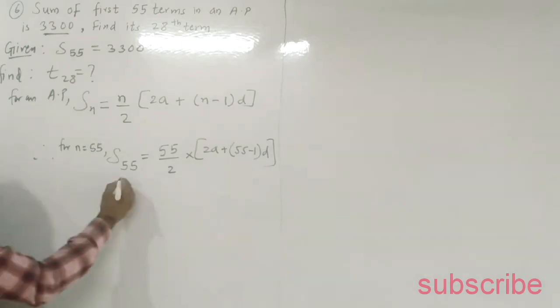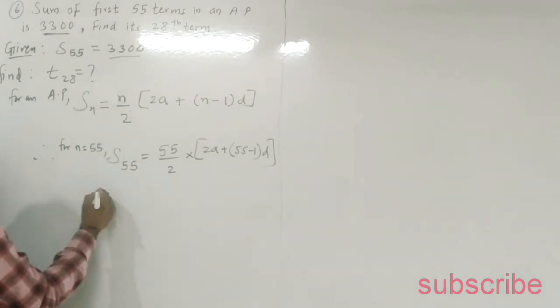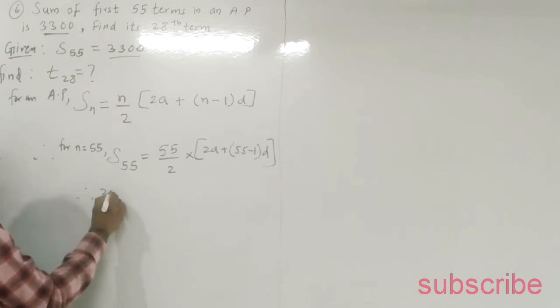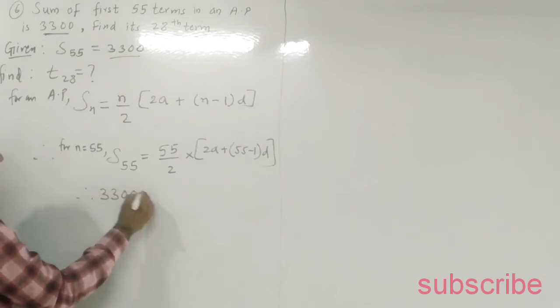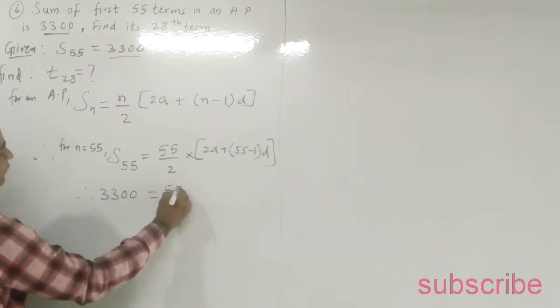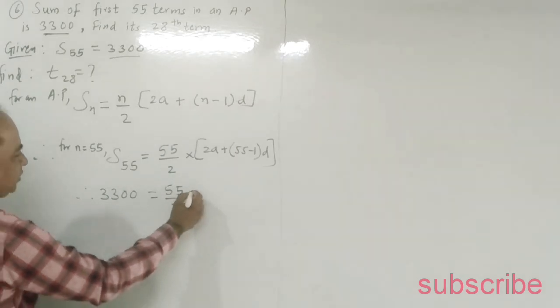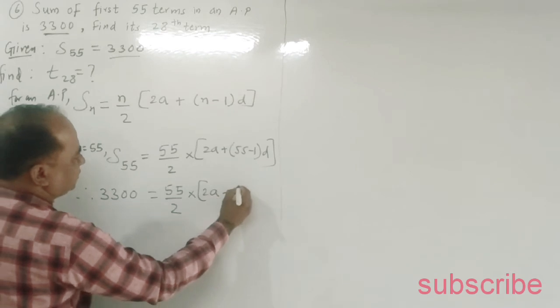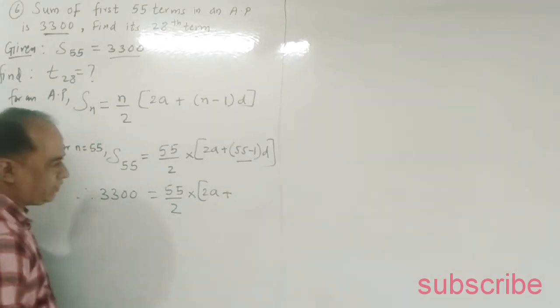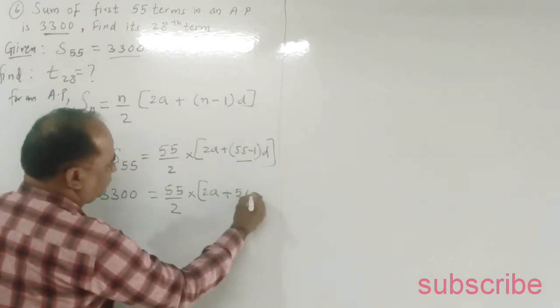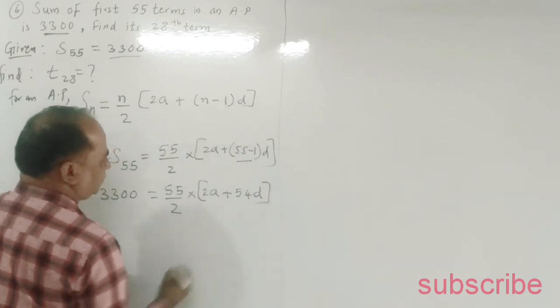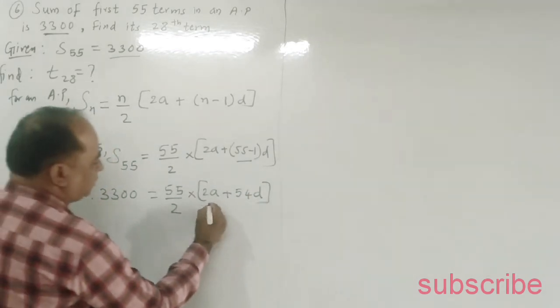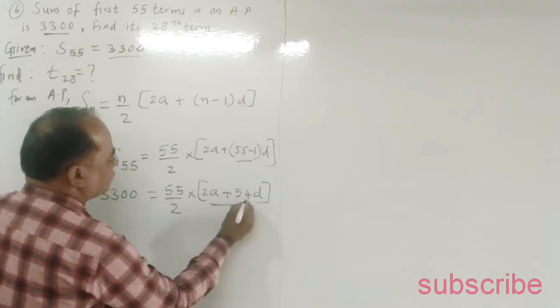So now S55 is given, therefore S55 is 3300 is equal to 55 upon 2 into (2a plus 54d).